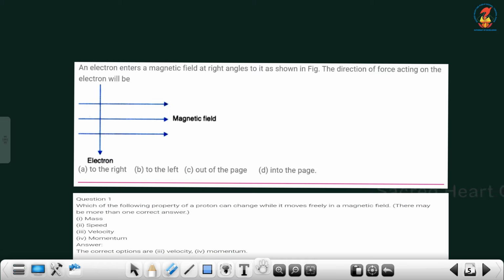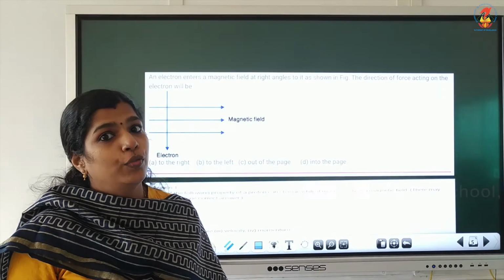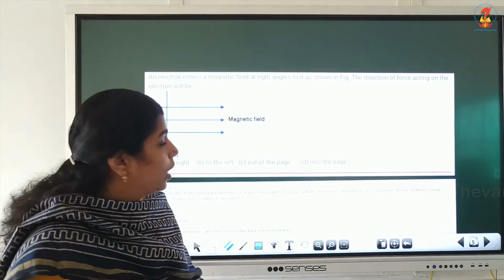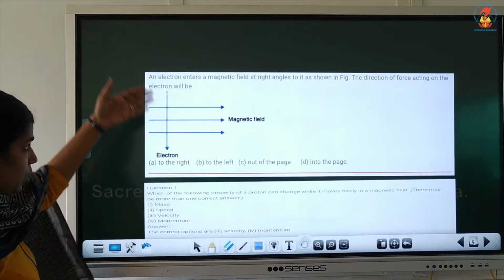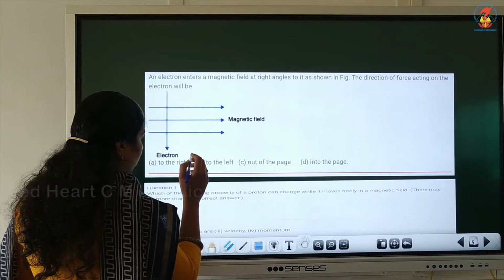Okay. So, in which direction is the current? Actually, the current is taken just opposite to the direction of electron flow. If the electron is flowing in the downward direction, then the current will be moving in the upward direction.